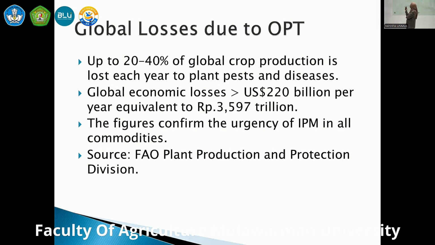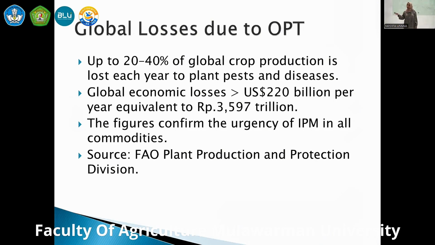Up to 20 to 40% of global crop production is lost each year, for any plant. So you can imagine how big the loss is, right? This is based on the data. The global economic losses, if we convert them to rupiah, is about 3.9 trillion in a year.